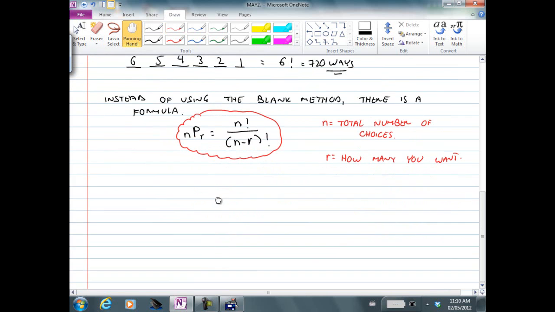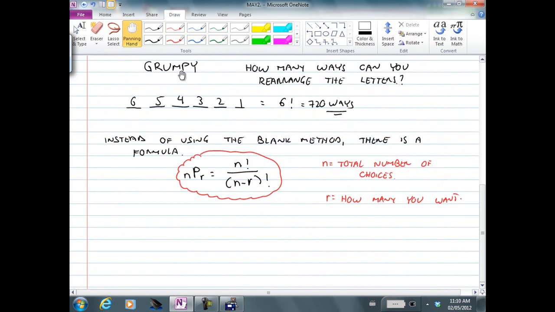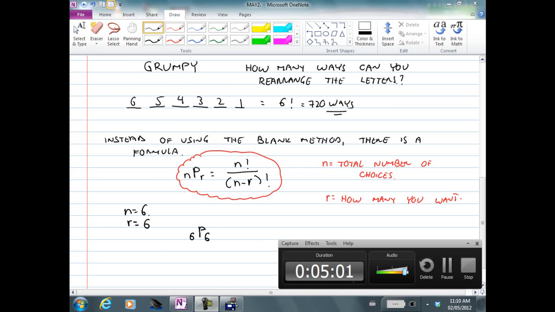Right off the bat, if I look at the word grumpy, count how many choices you have altogether. 6. So write down n equals 6. Out of those 6 letters, I asked you to rearrange all the letters, so we are going to use every single letter. So we're going to have r equals 6 also. So we're going to write this as 6P6. Take a minute, fill in the formula for me, please.